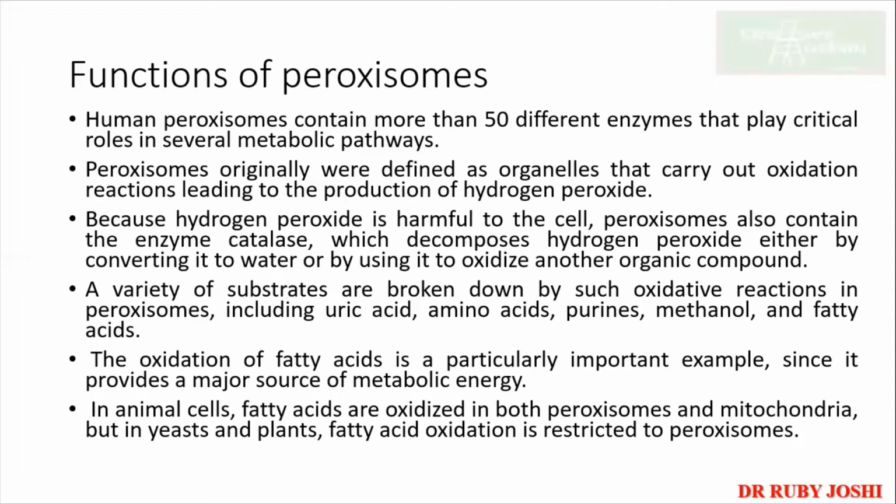All these are then degraded with the help of the peroxisomes. So in animal cells, fatty acids are oxidized in both peroxisomes as well as mitochondria, whereas in yeast and plants, fatty acid oxidation is restricted to the peroxisomes.